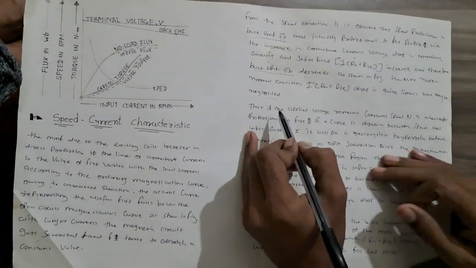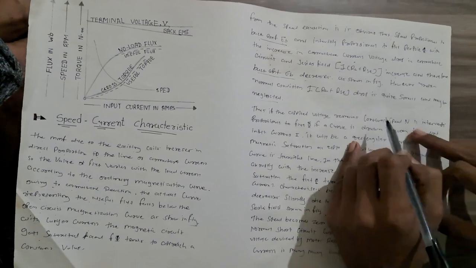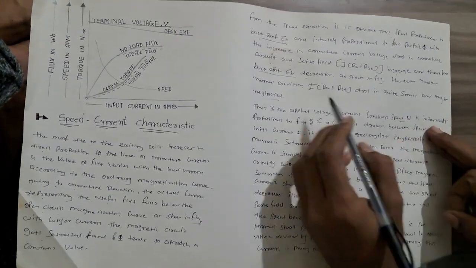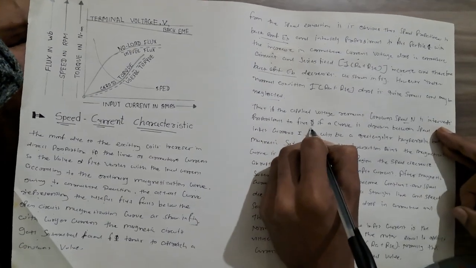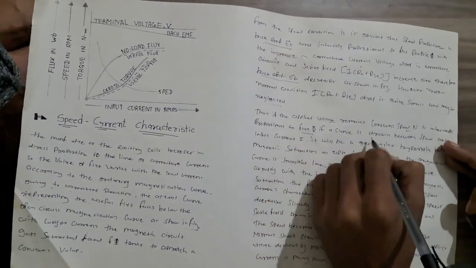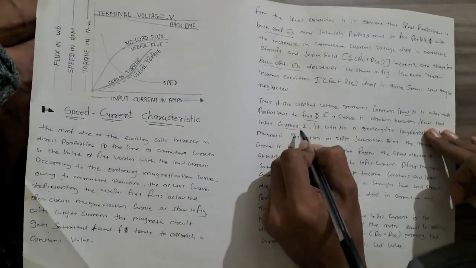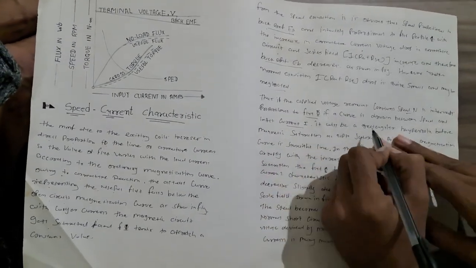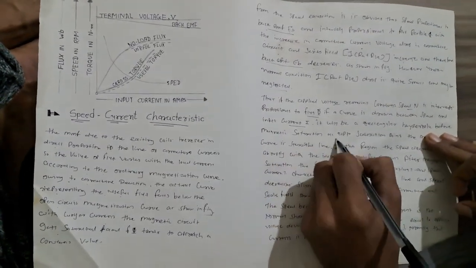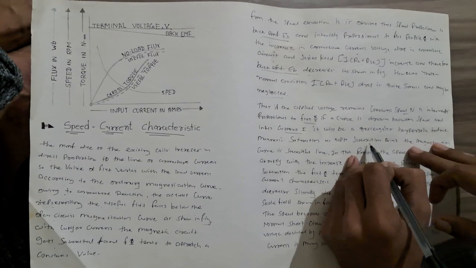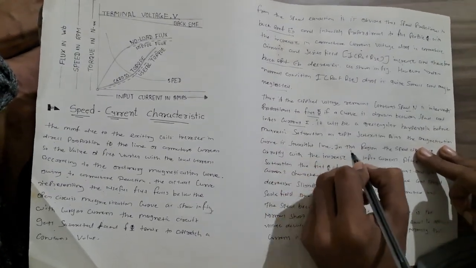So if the applied voltage remains constant, speed N is inversely proportional to flux. If a curve is drawn between speed and input current I, it will be a rectangular hyperbola before magnetic saturation, as up to the saturation point the magnetization curve is a straight line.